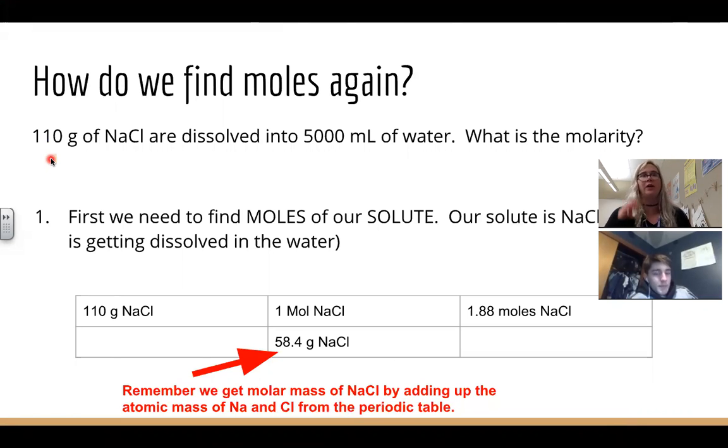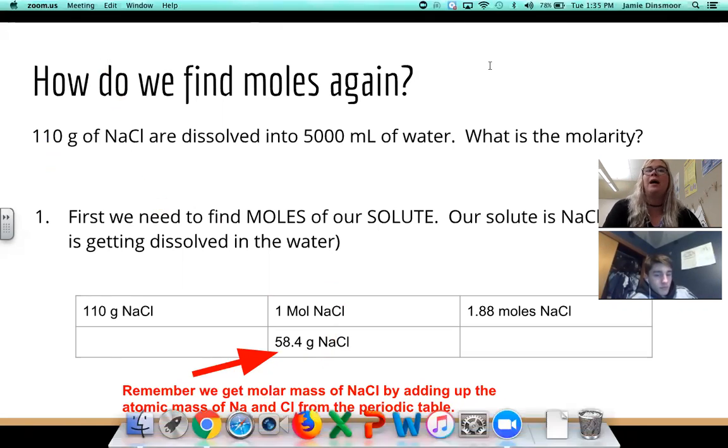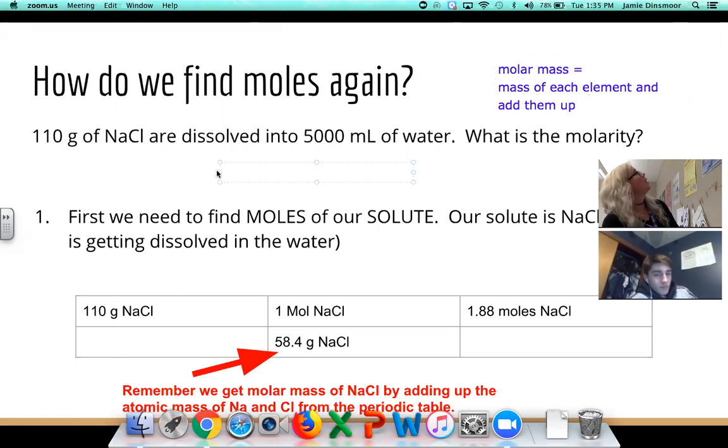Okay, so let's find out how many moles that is. In order to find our moles, we need to know our molar mass, which we get from the periodic table. To find molar mass, you look up the mass of each element and add them up, depending on how many of each one there are. In this case, we take sodium, and conveniently I'm sitting right next to a periodic table.